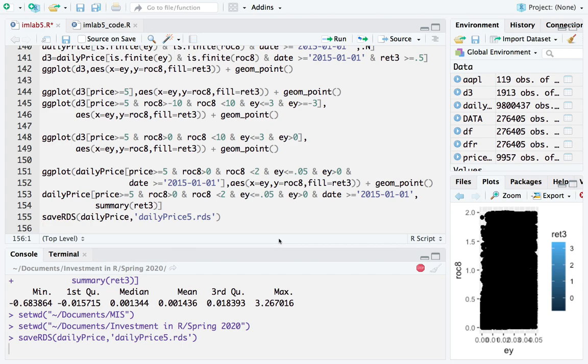And if you have limited space on your computer, notice it's still running, feel free to delete your original daily price. It took less than a minute for me, but it might take a few minutes for you. So if space is an issue, go ahead and delete the original daily price, because now we have daily price 5 for lab 5, and we can use that for lab 6.